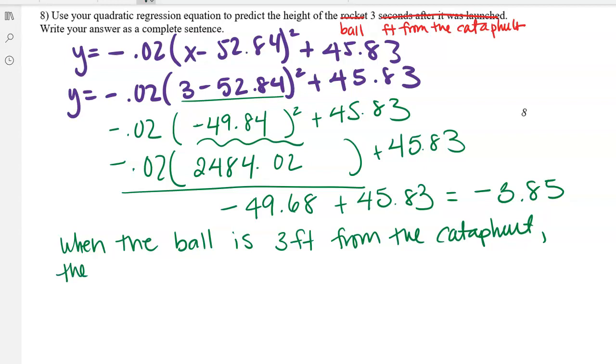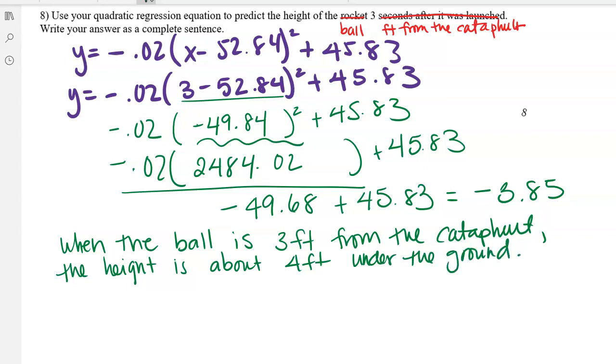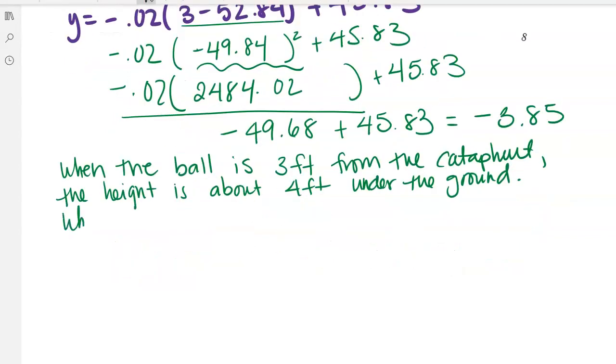The height is about 4 feet underground, under the ground, which in this context, it makes sense or does not make sense? Doesn't. Which in this context, it does not make sense.